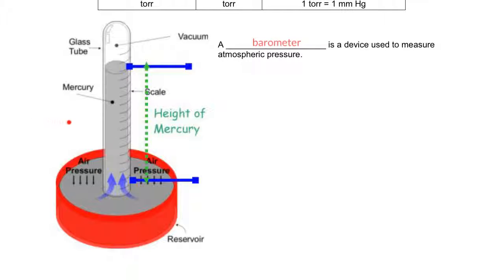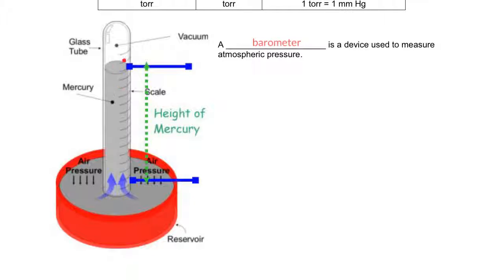The air particles in the surroundings will cause pressure to push down on the mercury in the dish. As the mercury gets pushed down in the dish, well, it needs to go somewhere, so it's going to go up the tube. As the pressure of the gas particles outside pushes that mercury up the tube, you can measure the distance that the mercury travels up the tube.